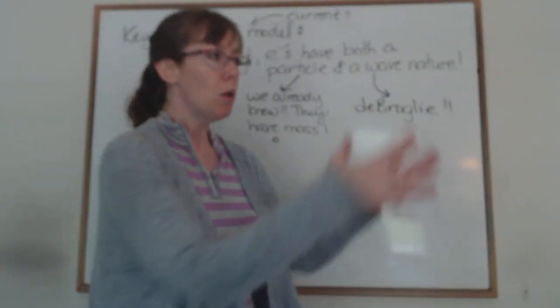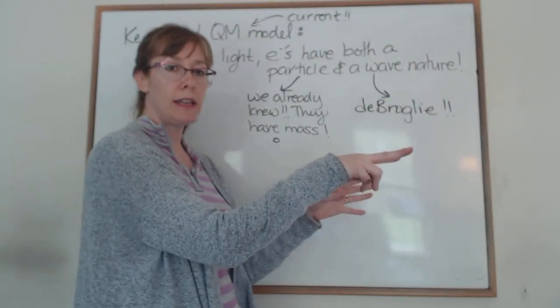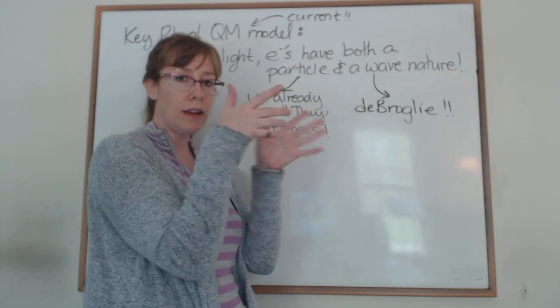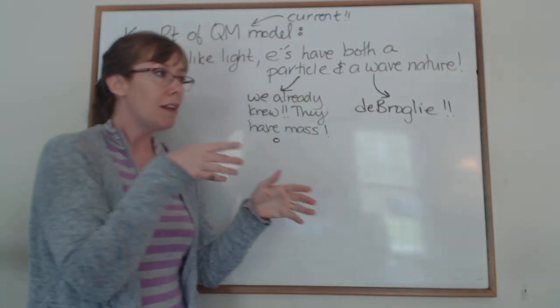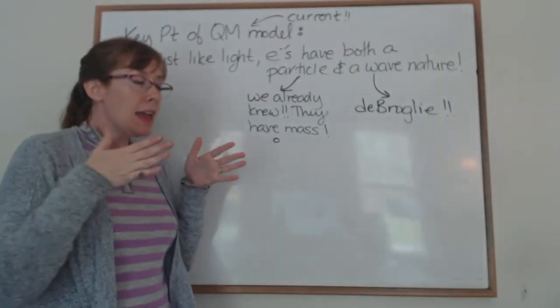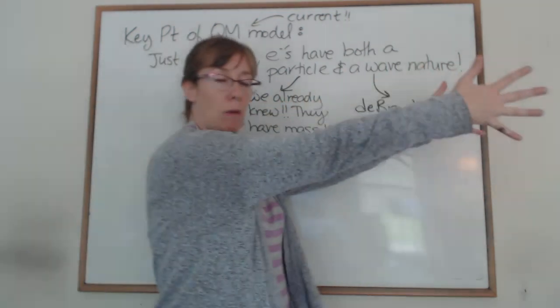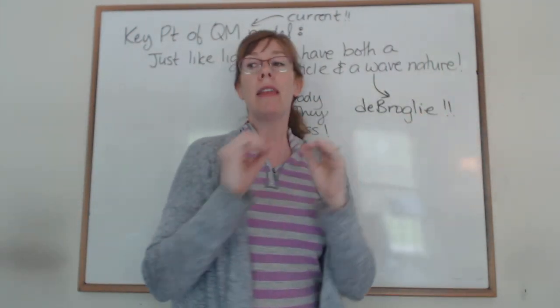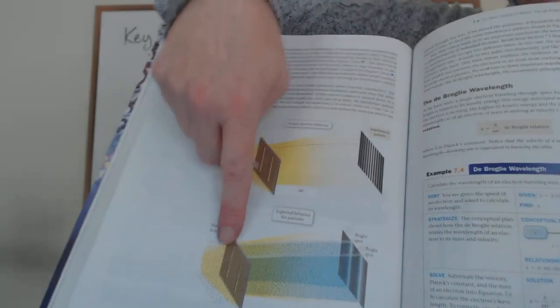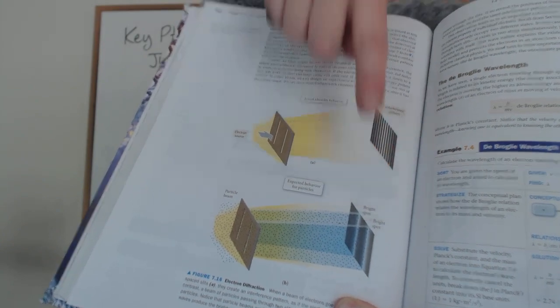So let me put this down for a minute here. You have a barrier. You have two lines in it. Picture taking a gun, anything that shoots particles. If you hit the barrier, they fall right back. If you happen to hit where the slits are, they keep going through and they hit the other side. That was what de Broglie expected the electrons to do and to make the film have this pattern.